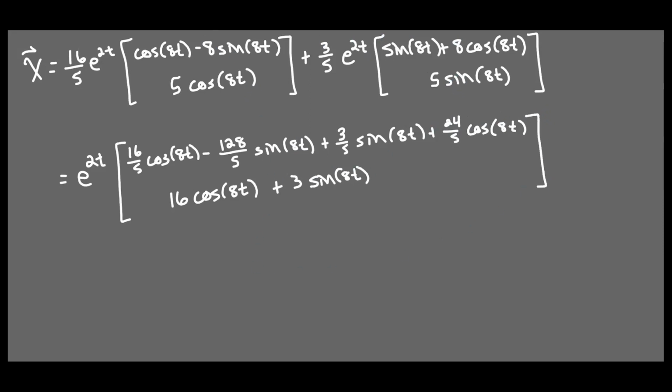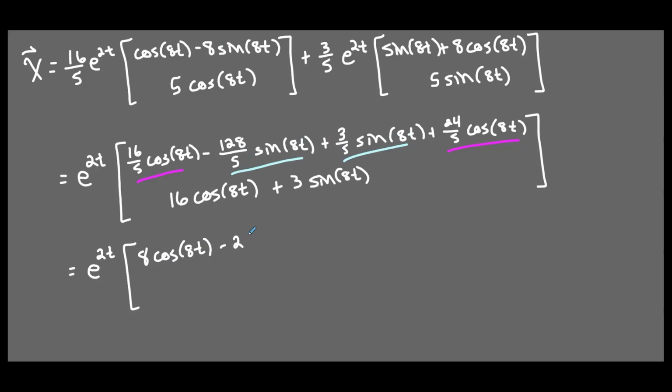Right, so I can add some of these together. So cosines added together, what do I get? It's 24 plus 16 is 40. 40 over 5 is going to be 8. And then the sines, so negative 128 plus 3, that's negative 125.